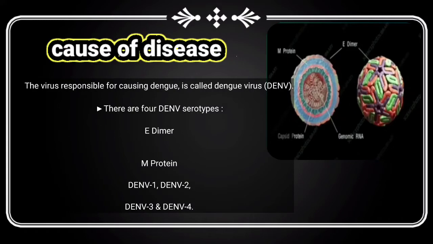These four serotypes are termed DENV1, meaning dengue virus serotype 1, DENV2, DENV3 and DENV4. These four subtypes are different strains of the dengue virus that have 60 to 80% homology between each other.